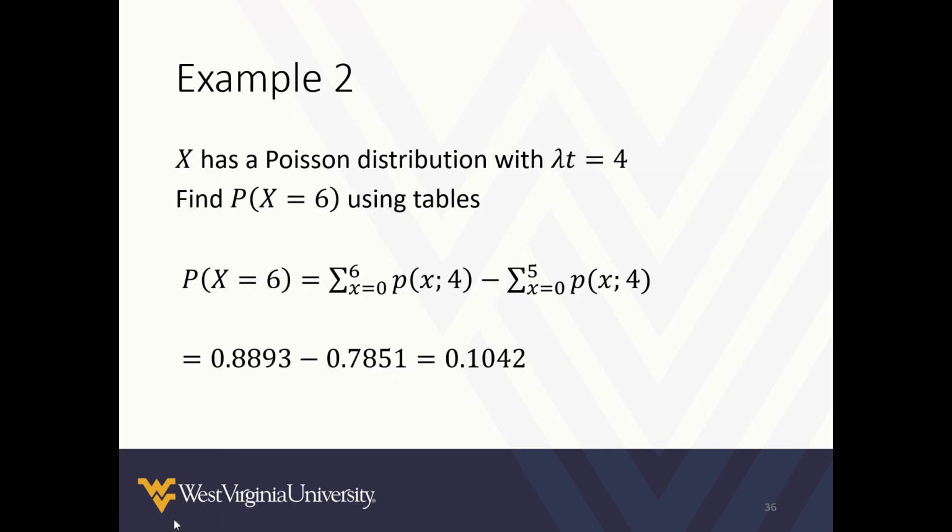Now, there is actually a Poisson distribution table. If we wanted to use that in this situation, we would be welcome to. In that case, just like in the binomial distribution, the table gives the probability of x less than or equal to x. So in this case, we'd have to do the probability of x less than or equal to 6 minus the probability of x less than or equal to 5. And that would still give us our probability of 0.1042.